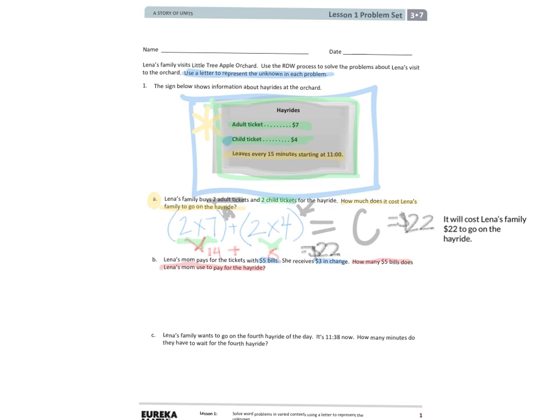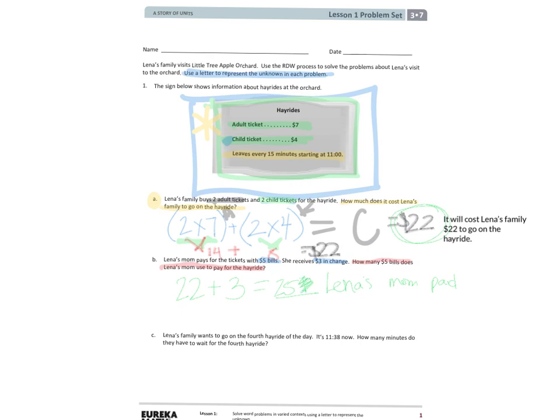We do know that it costs $22 for the family to ride on the hayride. So I'm going to do $22 plus $3 to figure out how much Lena's mom paid. Lena's mom paid, and we're going to call this P. Okay, so 22 plus 3 equals 25.